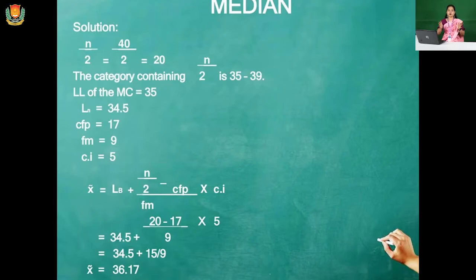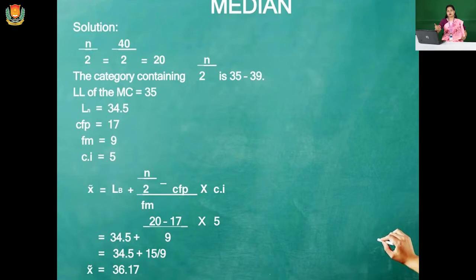By that you get continuous data. So if I subtract 0.5 from 35, that will be 34.5, and if I add 0.5 to 39, I get 39.5, and the difference between 39.5 and 34.5 is 5. So by that I get the value of the class interval, right?